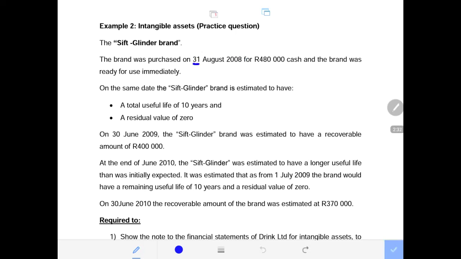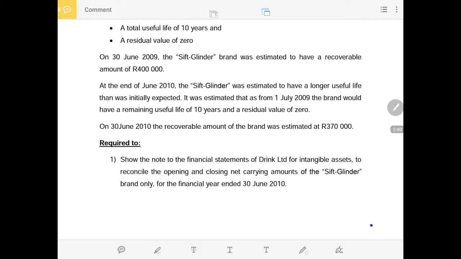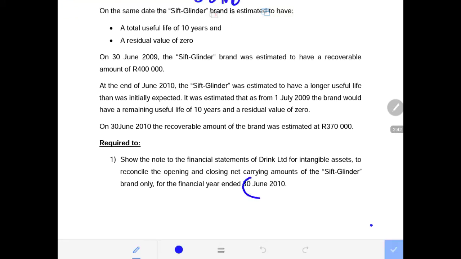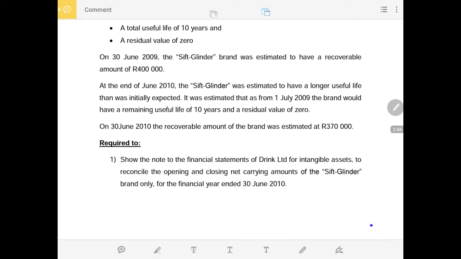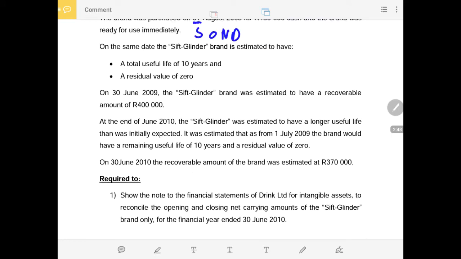That means it's at the end of the year. We start in September, October, November, December. We don't know when is the end of the accounting period, but we are provided that we must do the note by the end of June. So that means the accounting period must be at the end of June every year.